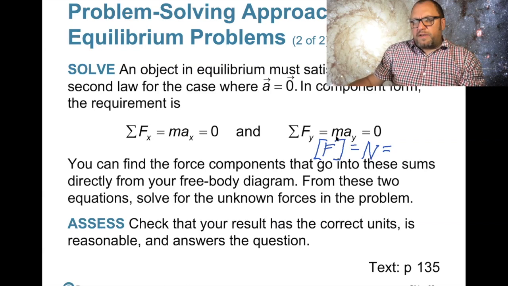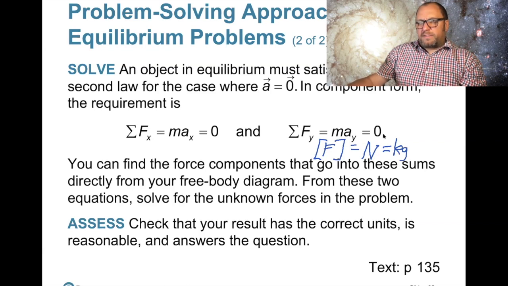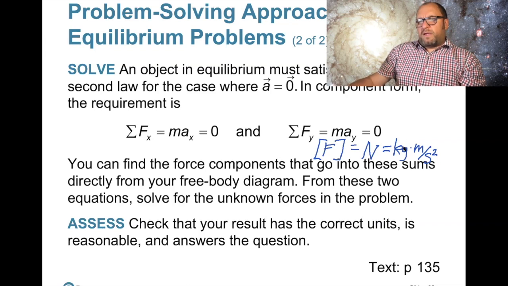So if we look at what force is made out of, we have mass. The SI unit for mass is kilograms, right? And then acceleration is meters per second squared. So a Newton has the unit of kilograms times meters per second squared.